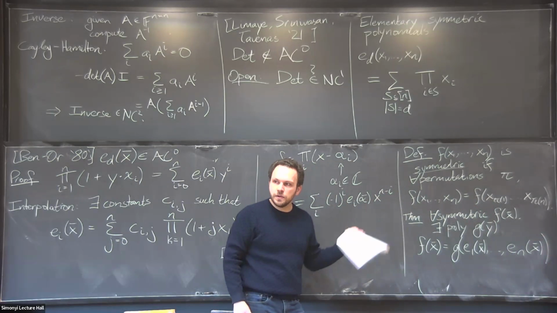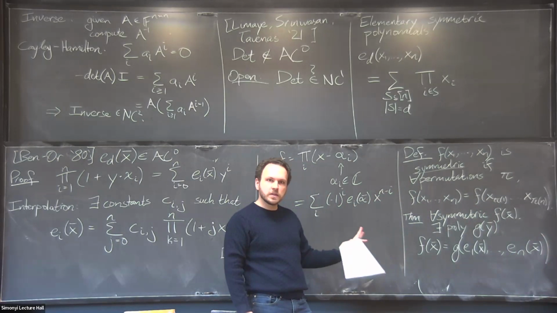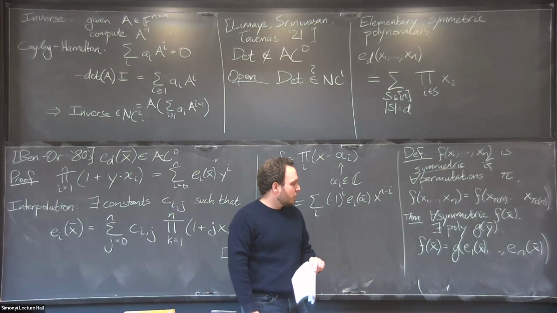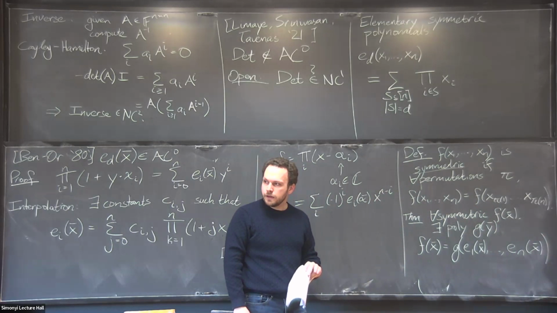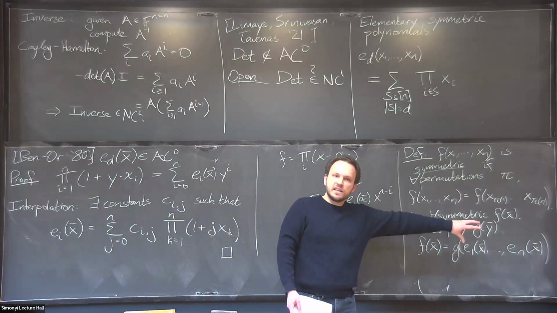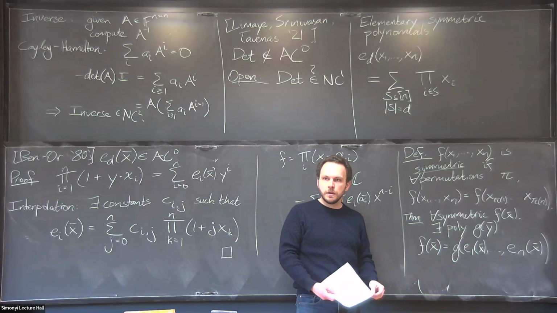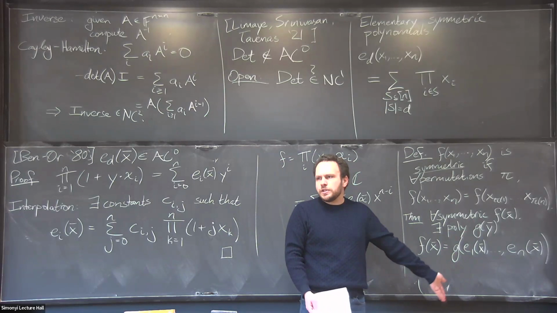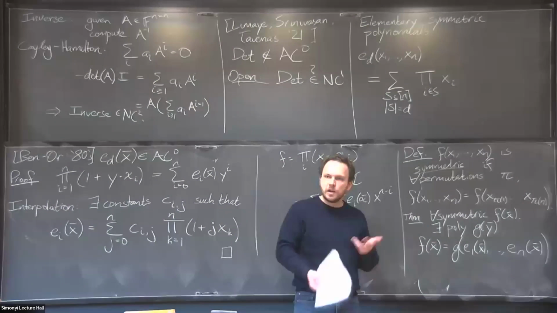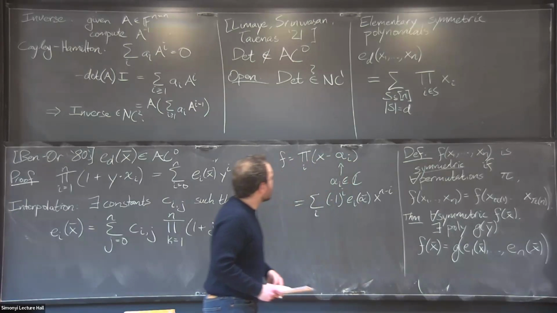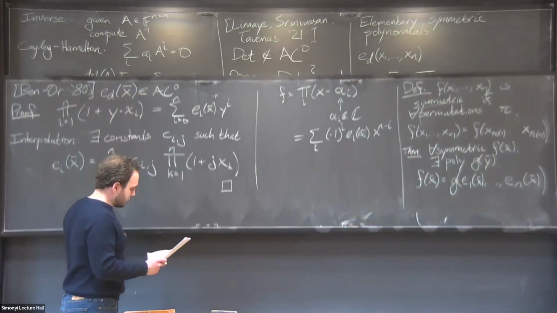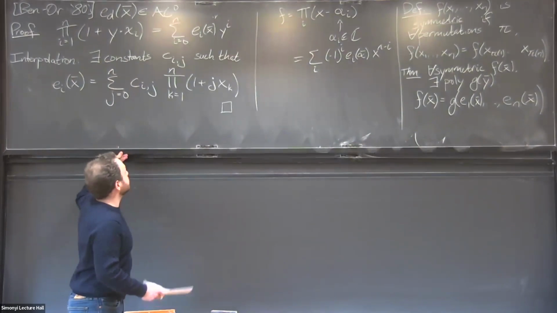So you can always do this. If a polynomial is symmetric, you can express it using the elementary symmetrics. Of degree n? No, for any degree. Sorry, you can have arbitrary. So g could have any degree, right? I could take products of these elementary symmetrics. And it turns out that this g is essentially unique. So these elementary symmetrics are some analog of a basis for the symmetric polynomials. They're really nice, they're important. And we're going to talk about them all.